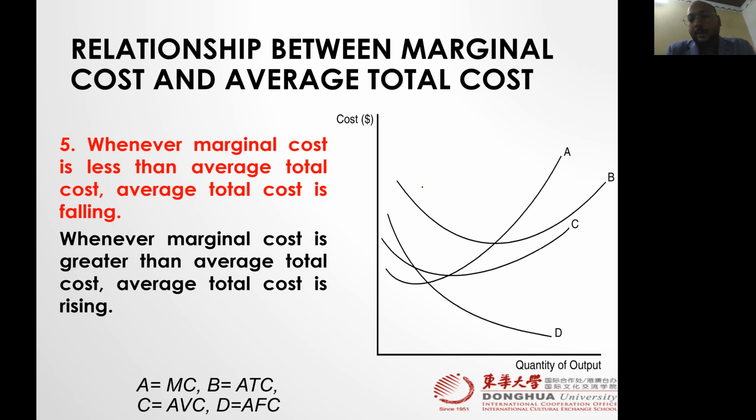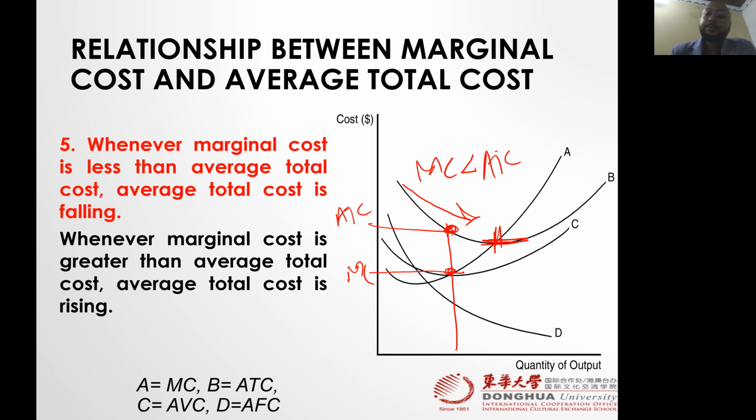When marginal cost is less than average total cost, average total cost is falling, on the left hand side of the efficient scale. All right.